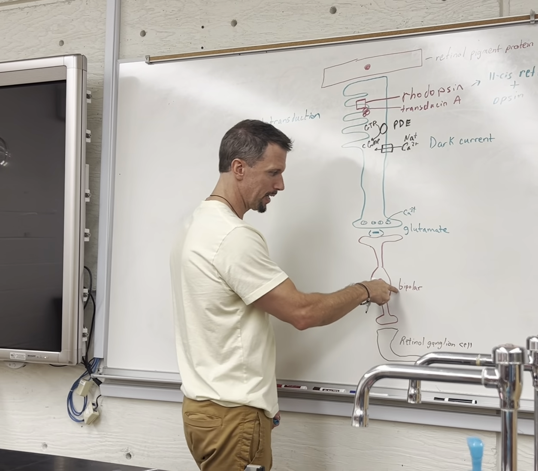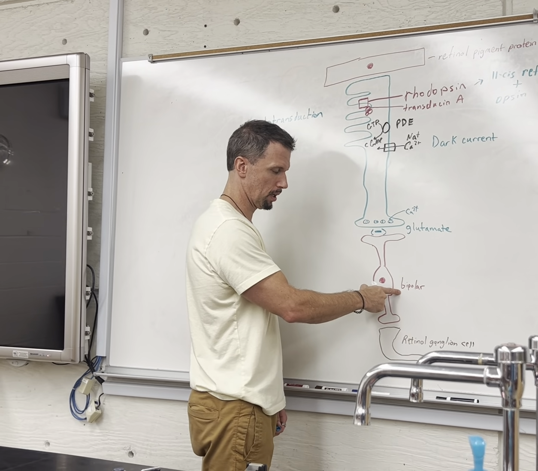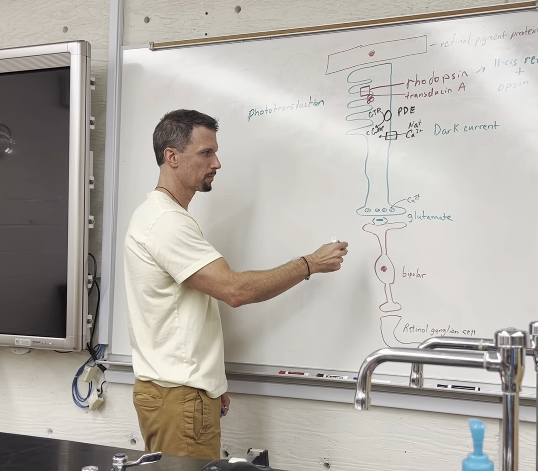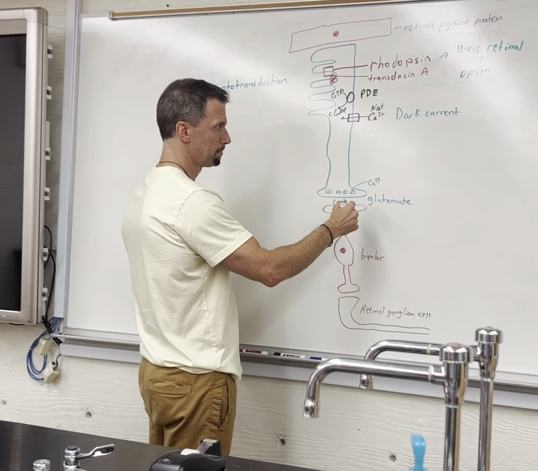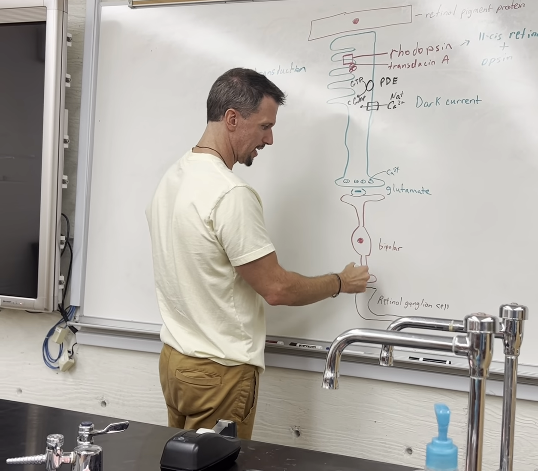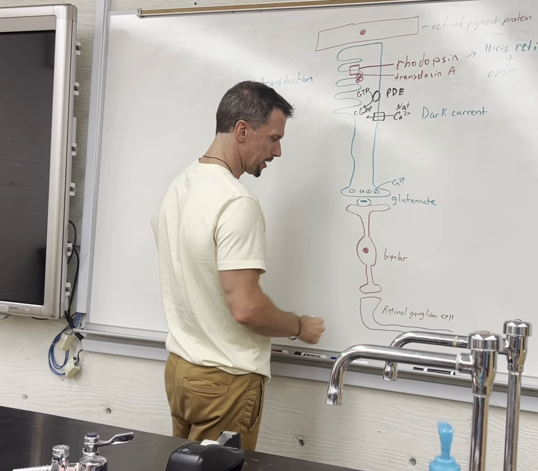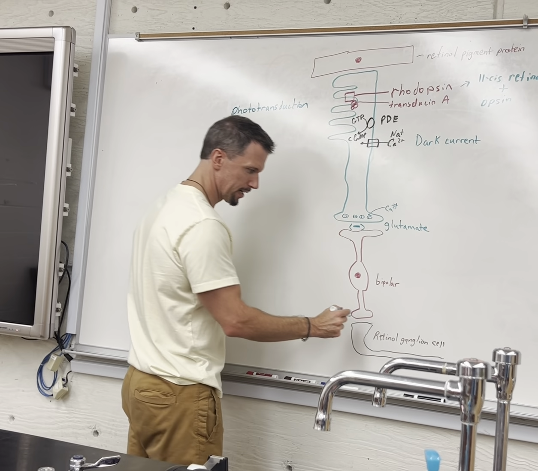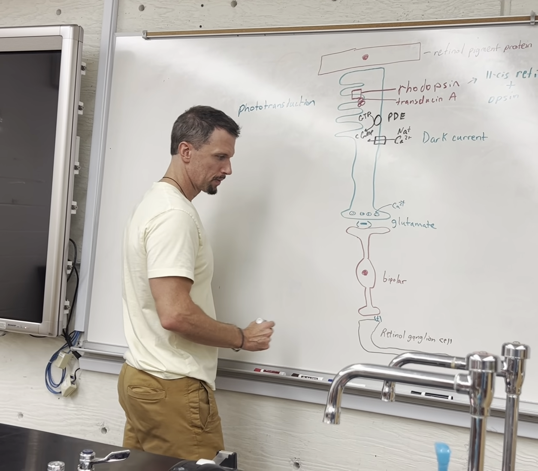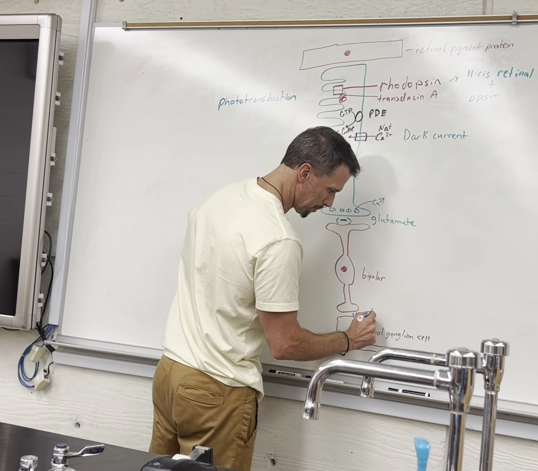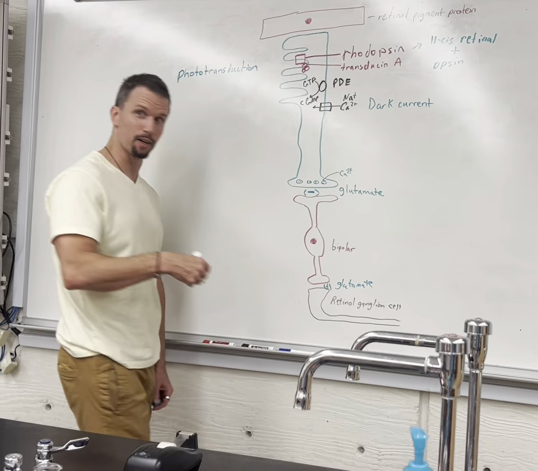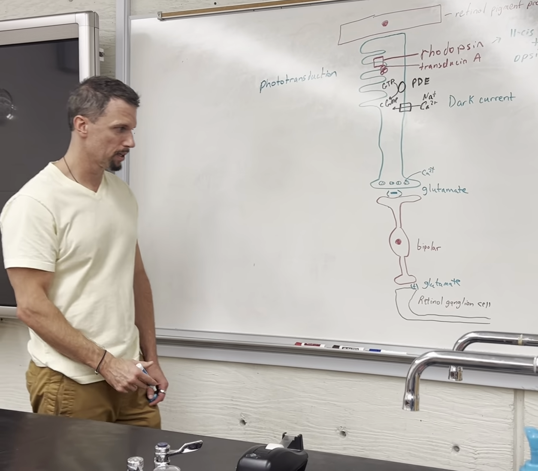So it's going to inhibit this bipolar neuron. When you inhibit this bipolar neuron, you're going to cause less release here. This one is an excitatory neurotransmitter, and it also releases glutamate. So glutamate, and this one acts like it normally does as an excitatory neurotransmitter.